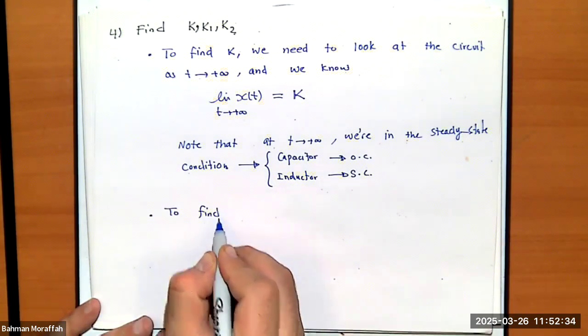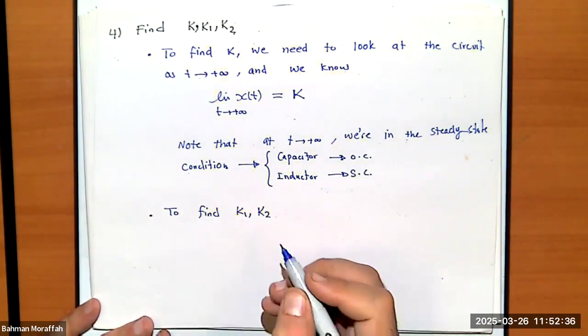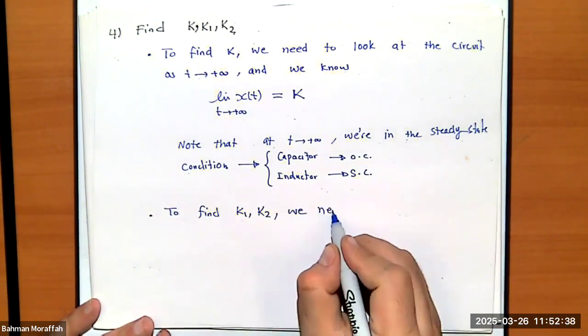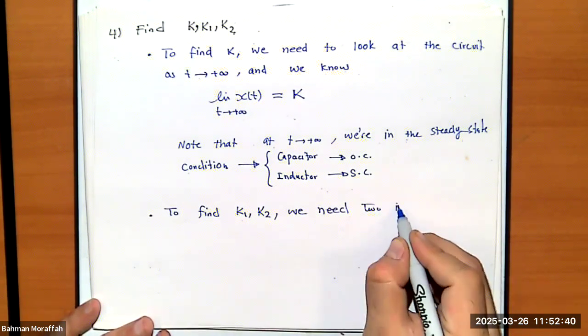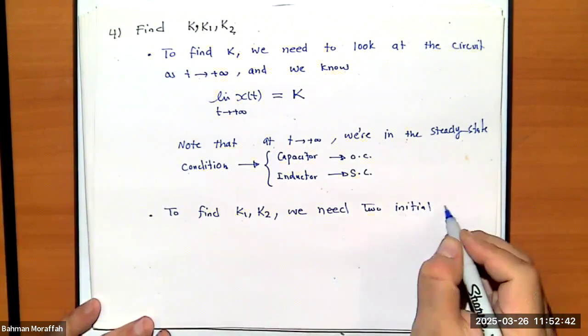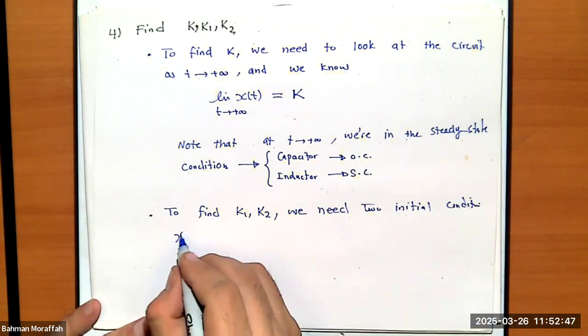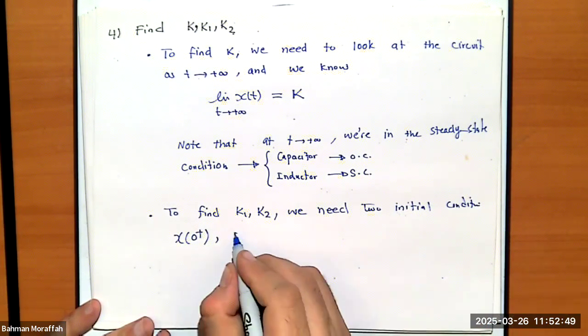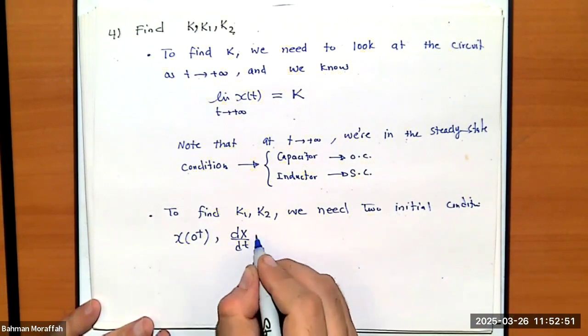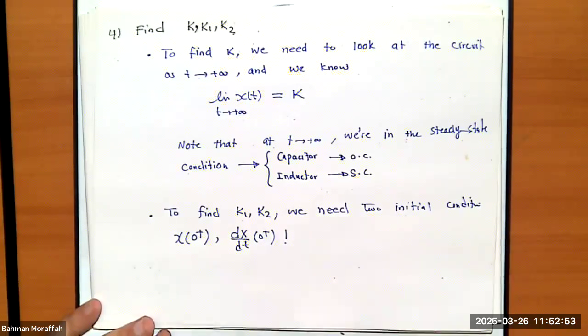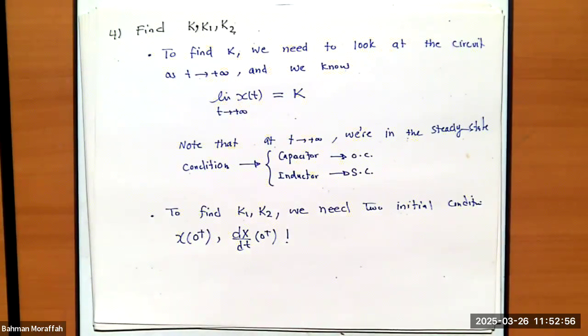To find K1 and K2, as we mentioned, we need two initial conditions. Let's just call them x at time 0 plus and dx/dt evaluated at time 0 plus. But remember, this x is not necessarily continuous, right? So we're going to go back to things that we know are continuous.